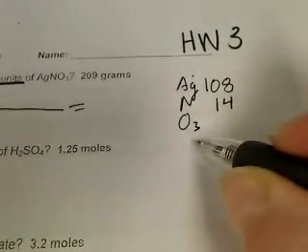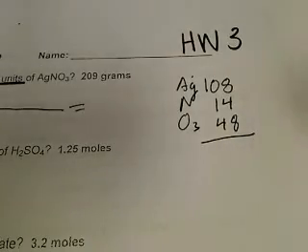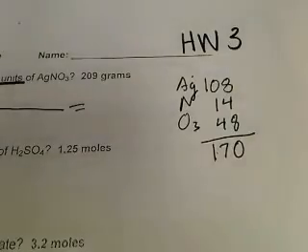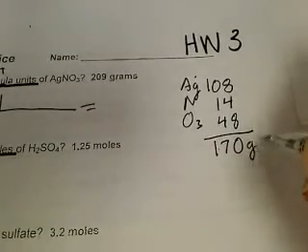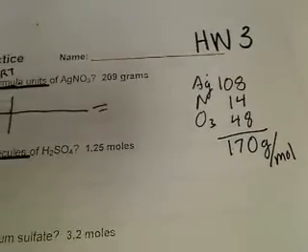There's only 1. And we have 3 oxygens, so that's 3 times 16. That's 48. Okay, we add those in your calculator and you should get 170. So that's going to be your molar mass. What's the unit for molar mass? Grams in 1 mole. So we'll need that in a few minutes, so keep that off to the side.